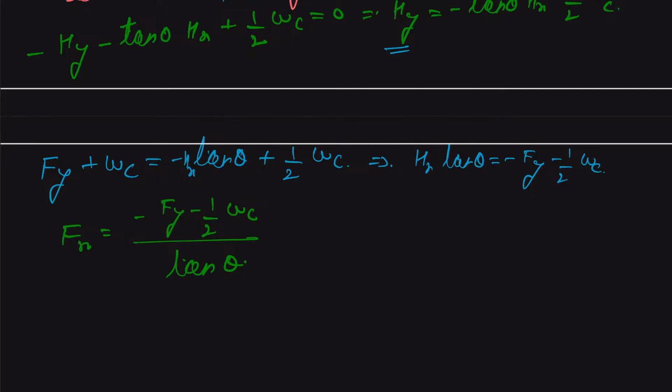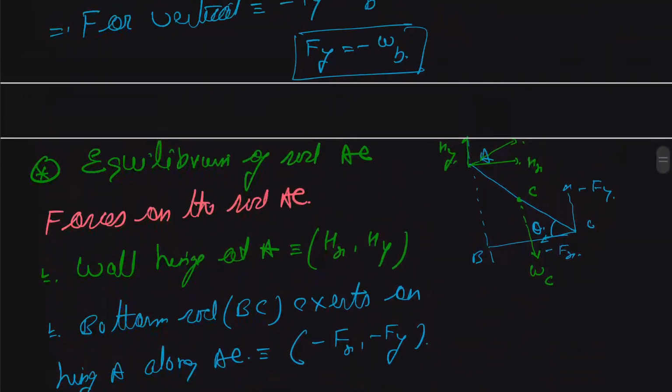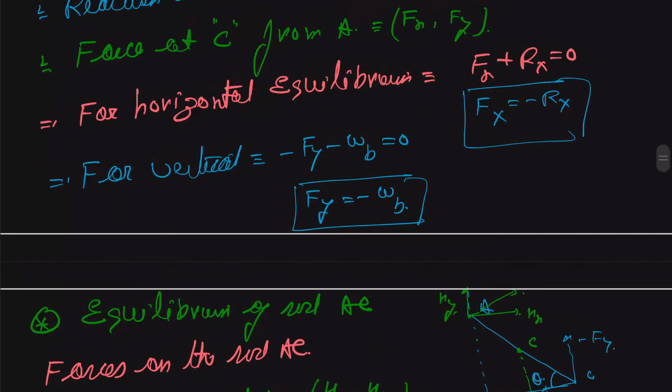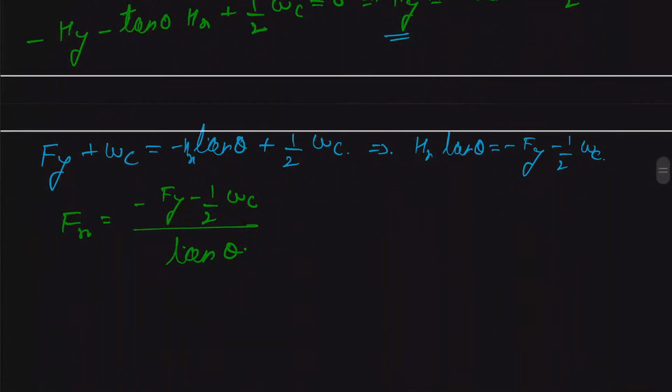And our this F of Y was equal to our minus of W of B. Okay, so we can put it here.